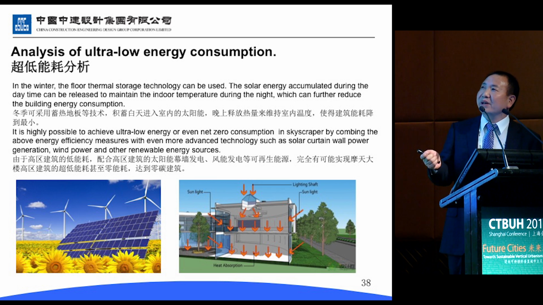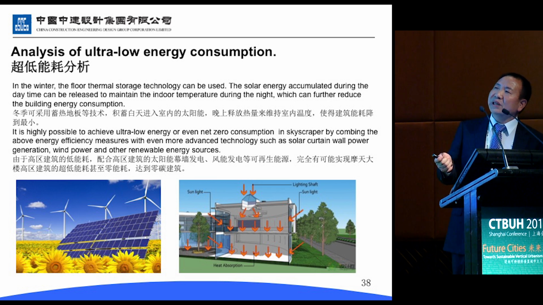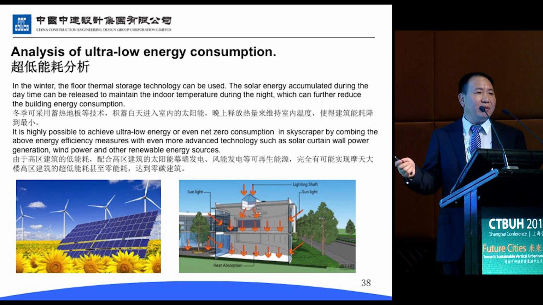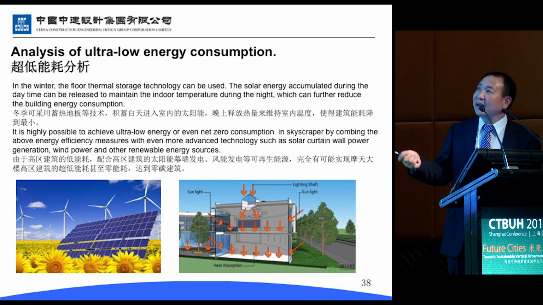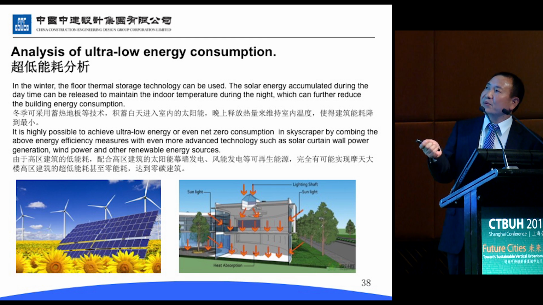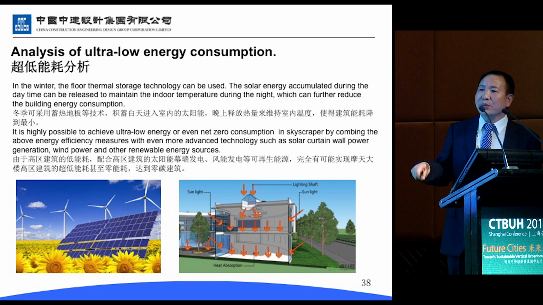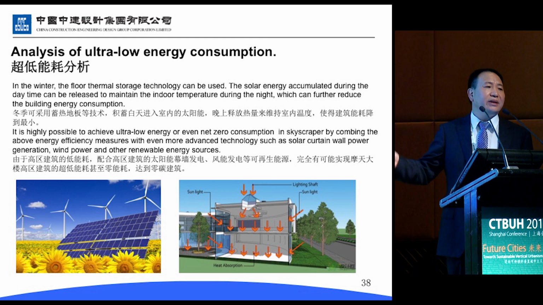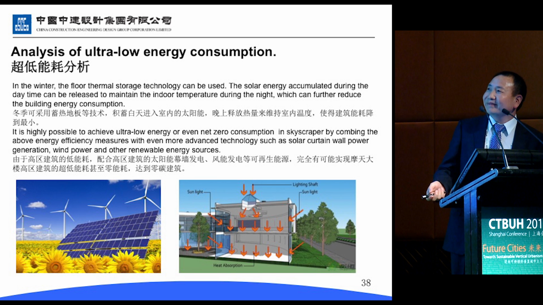So, it is highly possible to achieve ultra-low energy or even net zero consumption in skyscraper by combining the above energy efficiency measures with even more advanced technologies such as solar curtain wall power generation and wind power and other renewable energy resources.